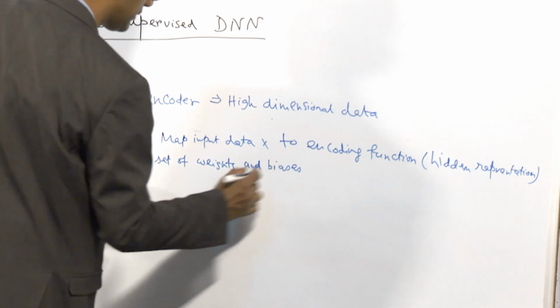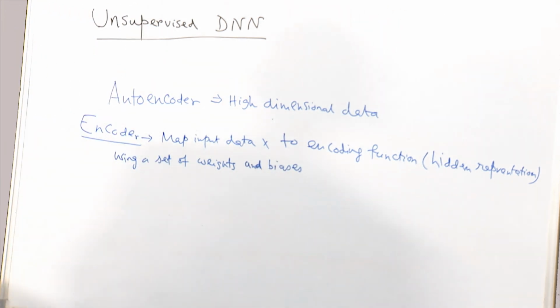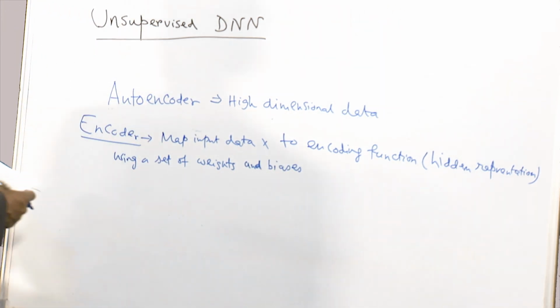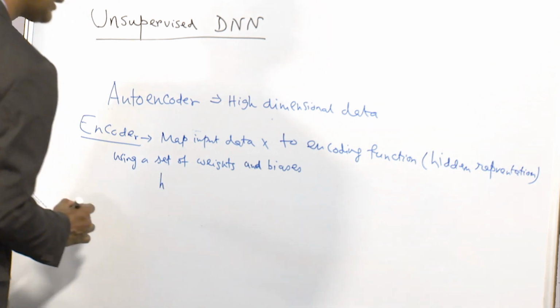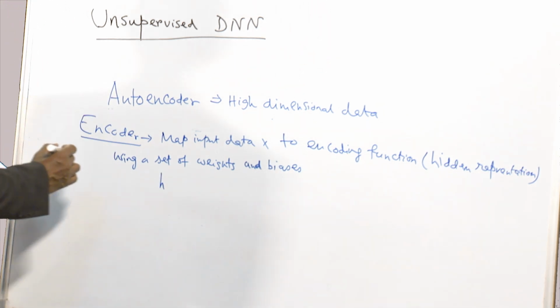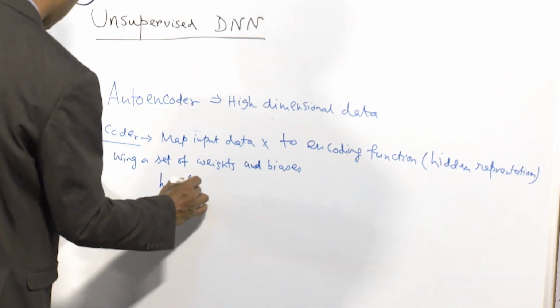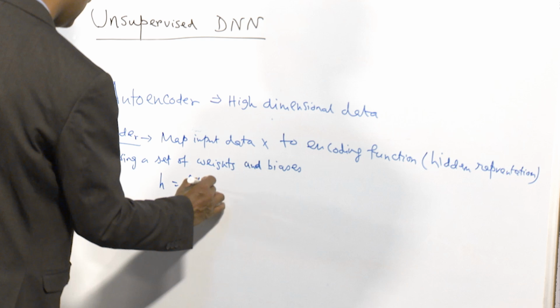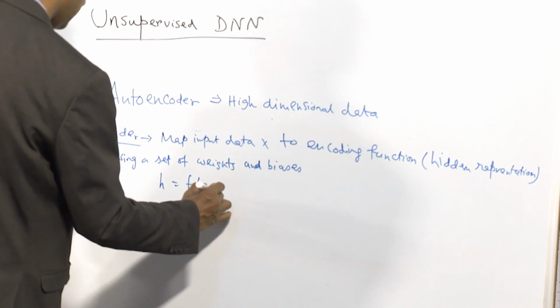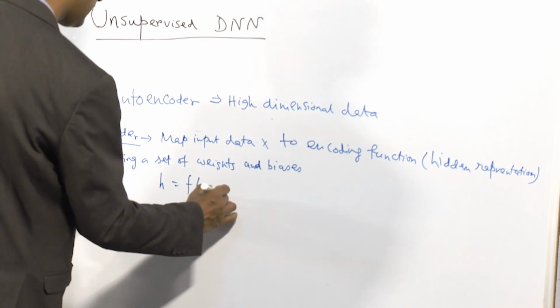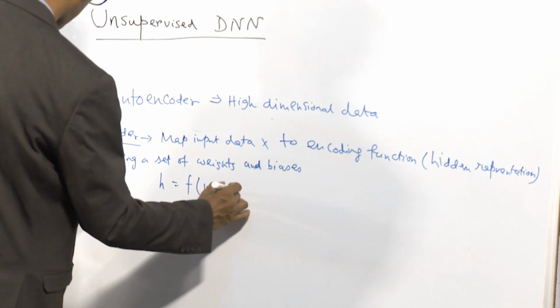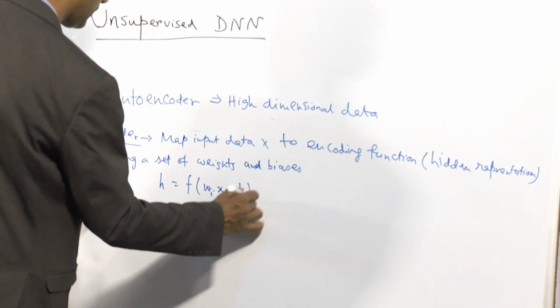Go back to my slide on the multi-layer perceptron, MLP. So, if H is this encoding function, H is nothing but a function of what? Weights into x plus bias.